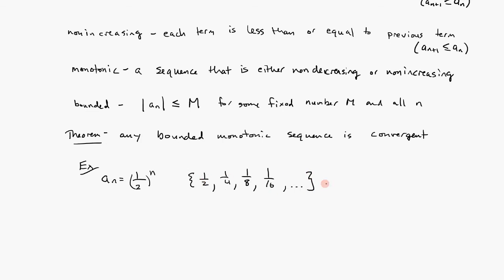So this sequence is non-increasing. And also you can see that all the terms are smaller than 1. So 1 over 2 to the n is always smaller than 1. So it's bounded. And so in this example, this is a monotonic bounded sequence.